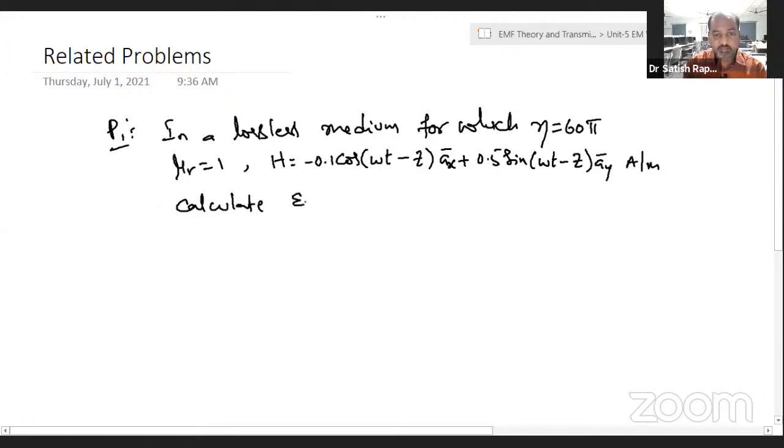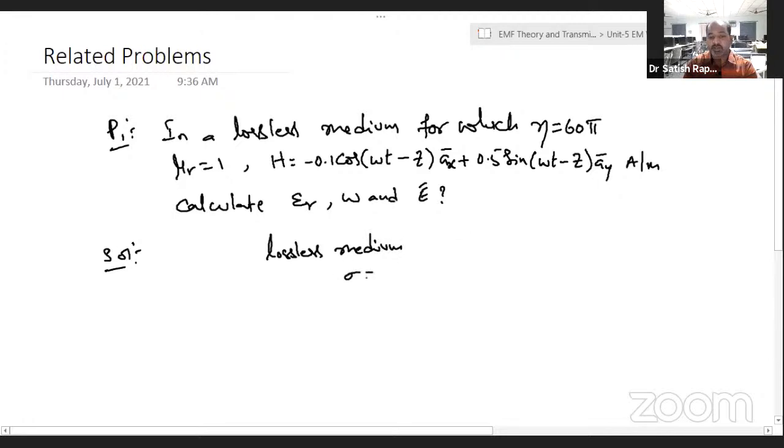Calculate epsilon r, omega, and the electric field component. Very important model. So read out the problem carefully. In a lossless medium, the lossless medium is characterized by sigma equal to 0, mu equal to mu naught mu r, epsilon equal to epsilon r epsilon naught.